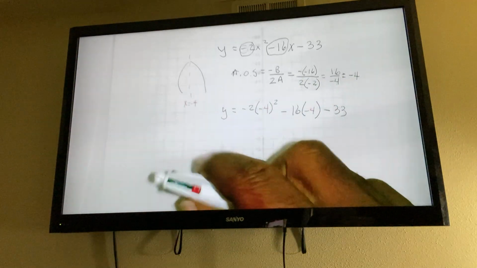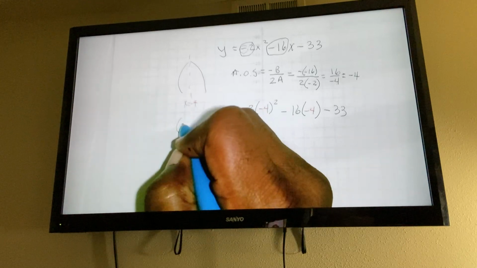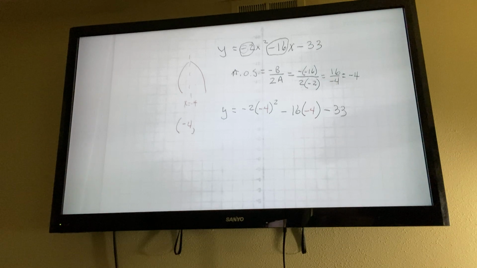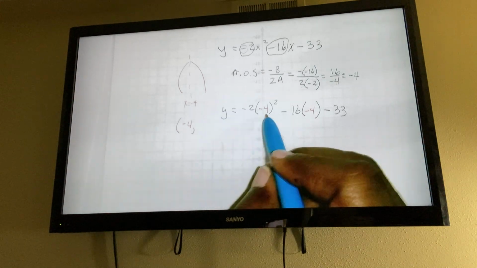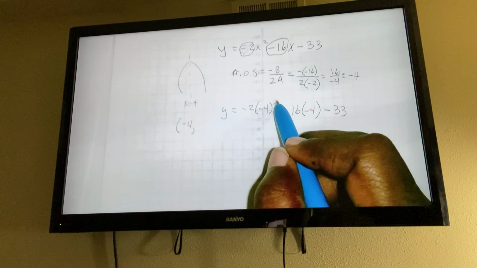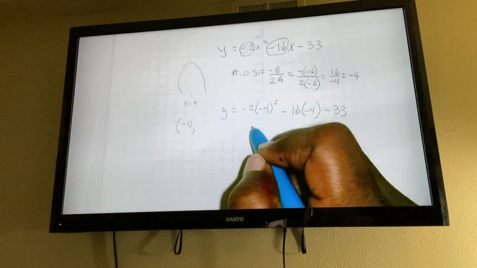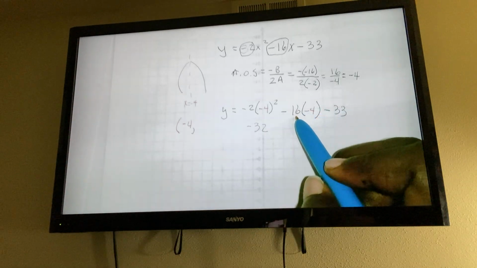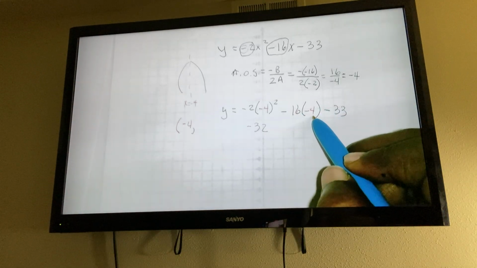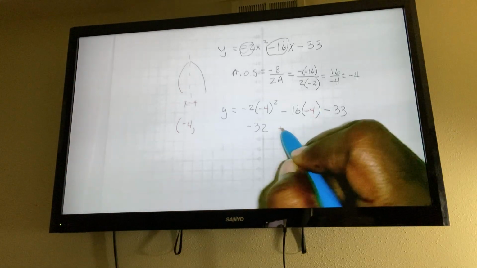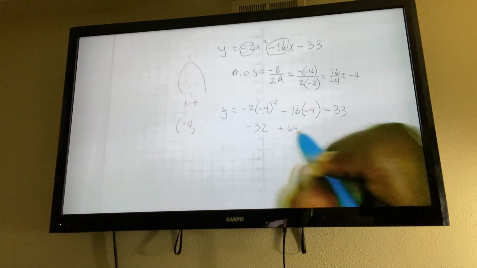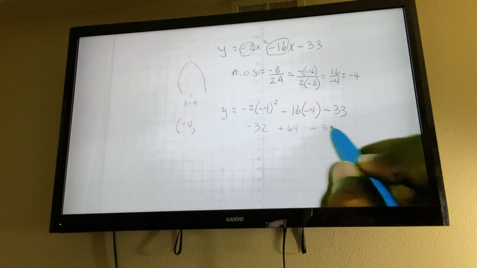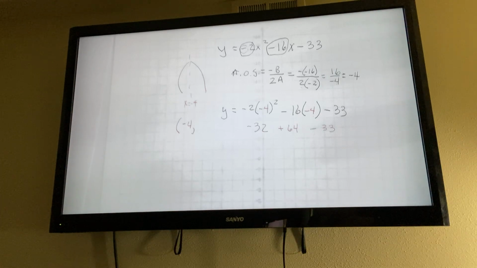Keep in mind, our vertex is going to be negative 4, comma, whatever we find out y is. So negative 4 squared is 16. 16 times negative 2 is negative 32. 16 times negative 4 is positive 64 and minus 33. Okay.